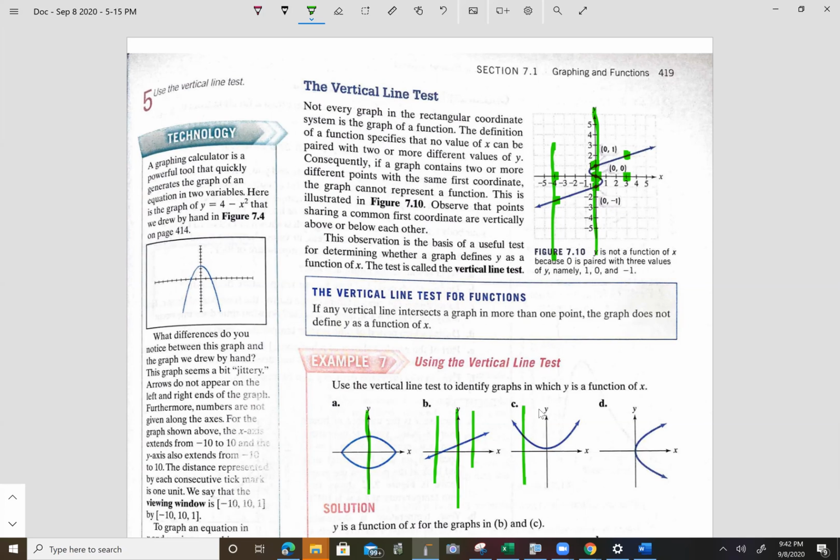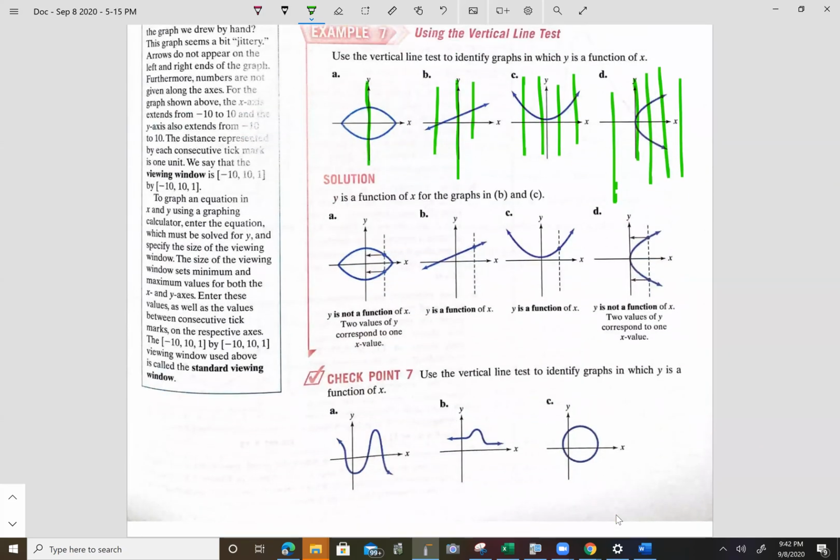Let's see, C, only crosses once, so it is a function. And D, once, but then twice over here and none over here. D is not a function. So A and D are not functions.